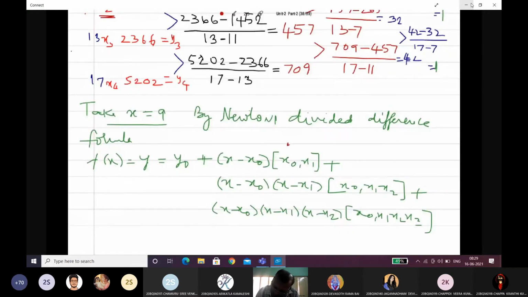This is first divided del y0, second del square y0, third del cubed y0.